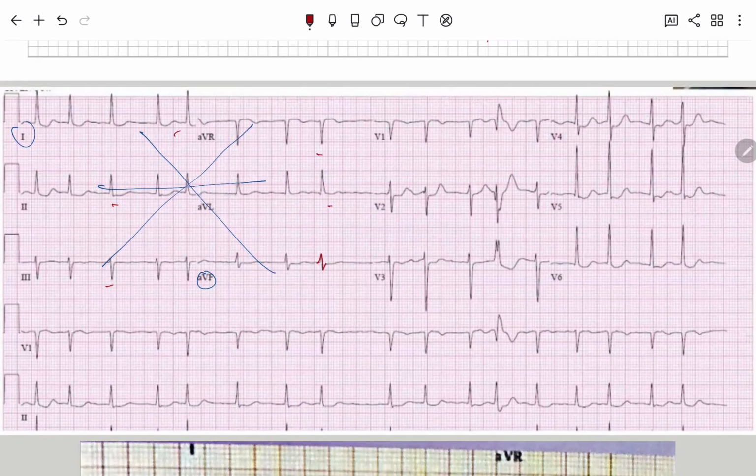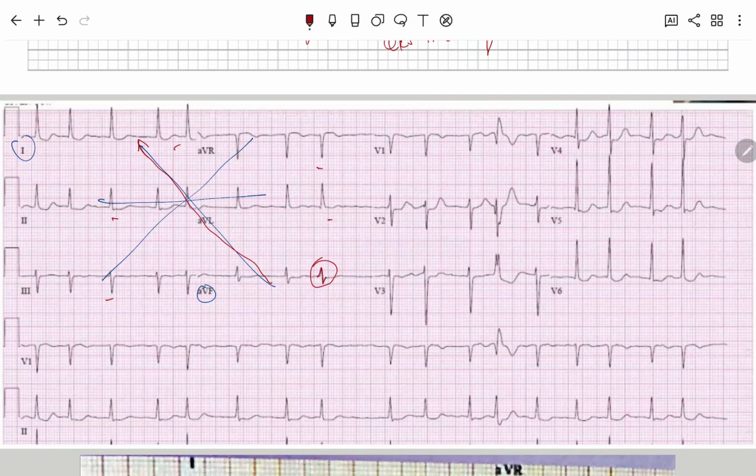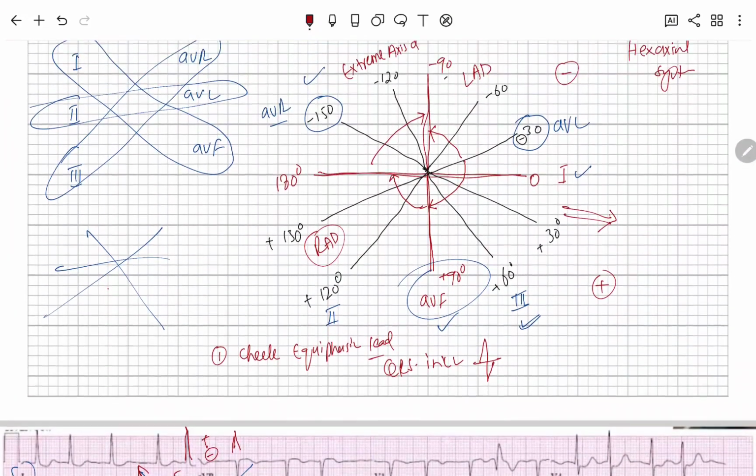Once we identify the equiphasic lead, we need to check what the perpendicular lead for AVF is. Lead 1 is perpendicular to AVF. We need to check the QRS direction, whether it is positive or negative. If it is positive, the vector is on the same side where the lead is placed. Let me go back to this.